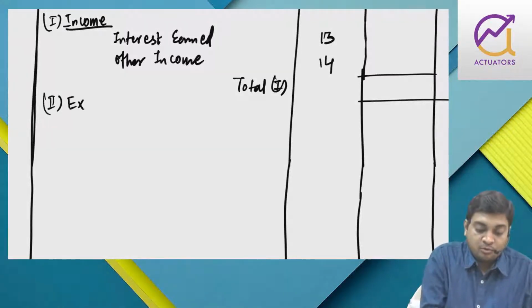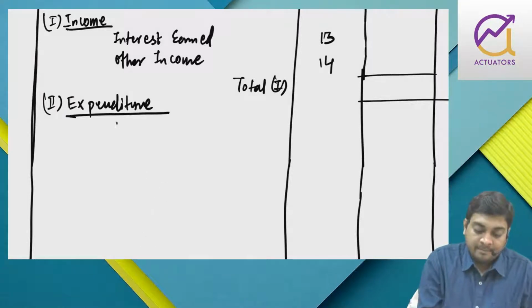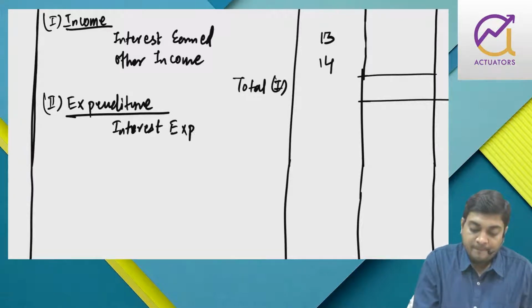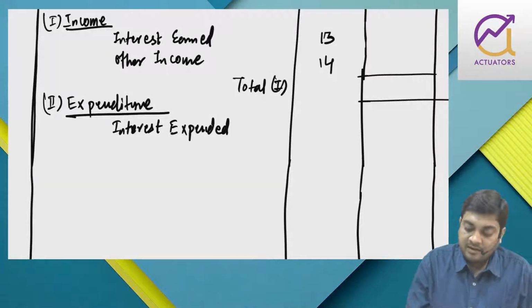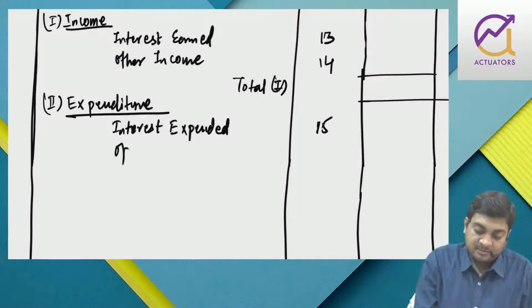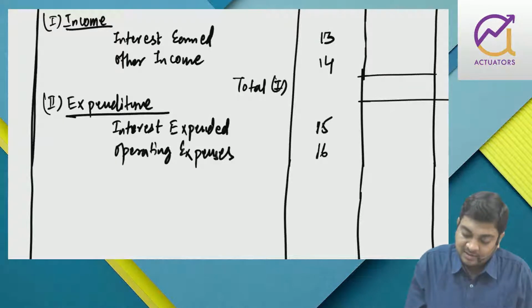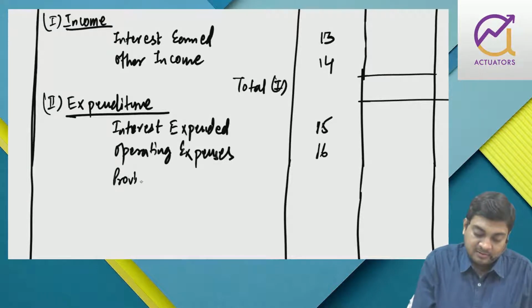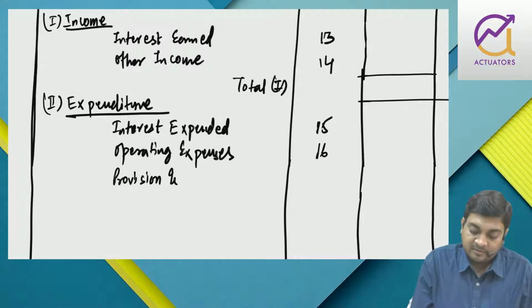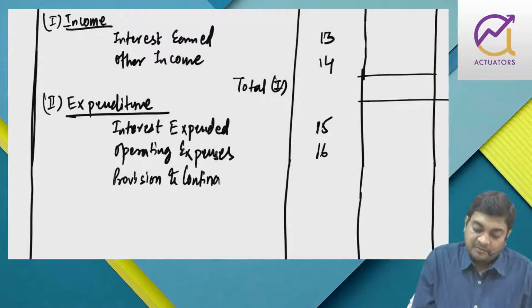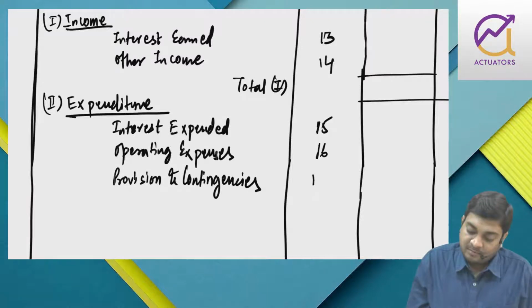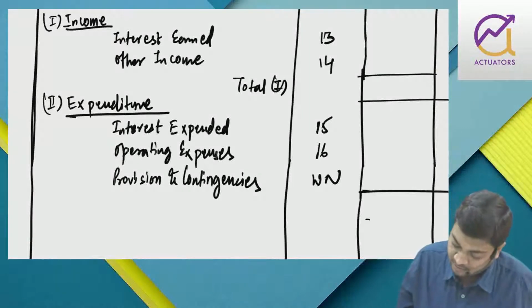Then we have number 2, interest expended. Operating expenses. Provisions and contingencies will be working note.